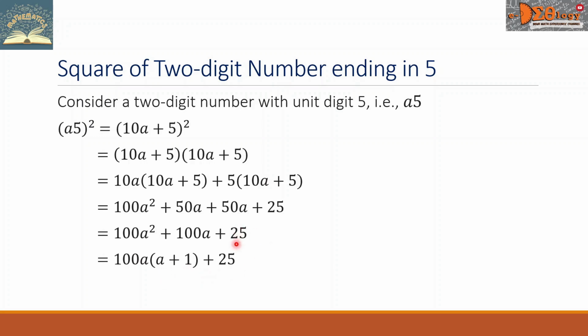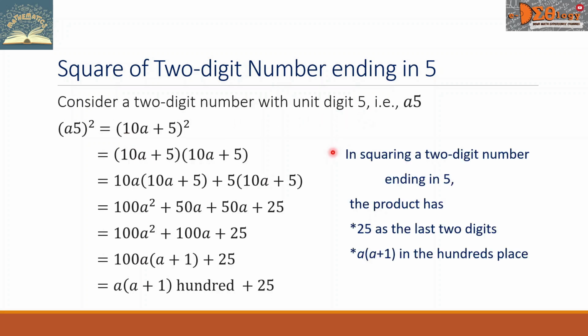And plus the 25 we copy down here. We can write this 100 as a place value. So we have a times a plus 1, then 100 plus 25. This is the answer when we square a5, or a two-digit number that ends with 5.